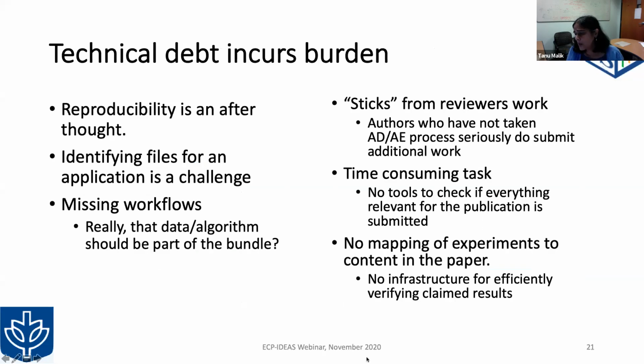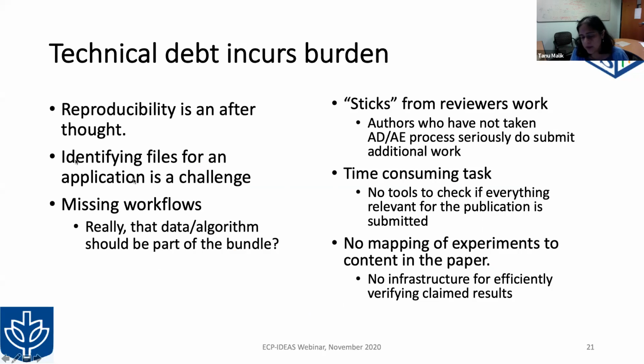So what does this say about the technical debt and reproducibility? What do these numbers say? Clearly, for most authors, in my experience, reproducibility is an afterthought. And as you could see, after saying that a paper would not be accepted, which is like a stick, authors who had not taken this process seriously do submit. But even when they submit their artifacts, a big problem is identifying the files for an application.